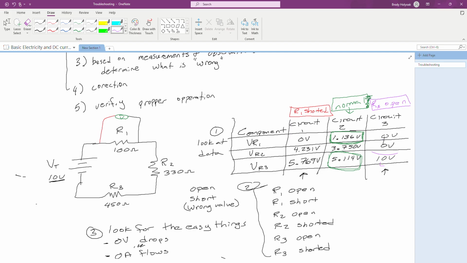Well, how do I get the voltage not across R1? I don't have any resistance there. And the only way to get rid of a resistance is to short it. So if we also remember our failure modes, a short is a sudden decrease in resistance.